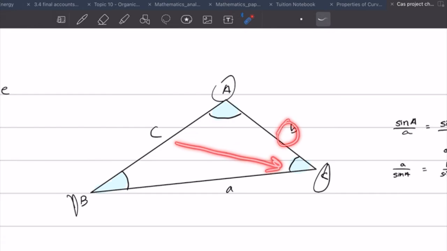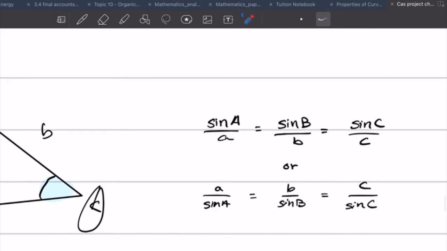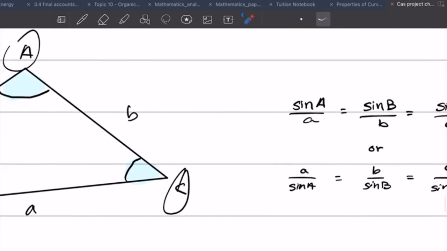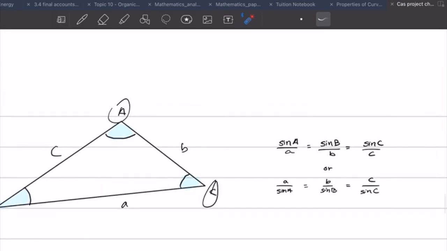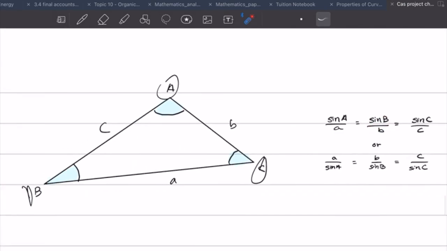And similar for B. So what this states is that sine A over its length is equal to sine B over its length, and sine C similarly over this length. Or it can be written the other way around as well.